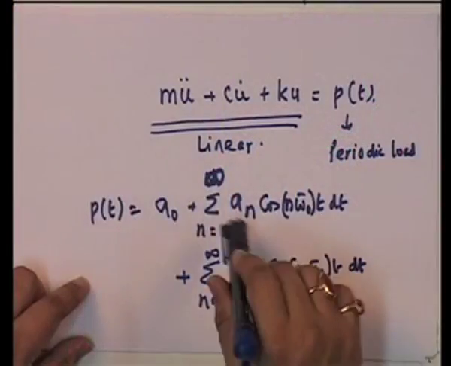I need to find the response to each load, and if I add up the responses to each load, then I get the response to P of t. P of t consists of many loads.